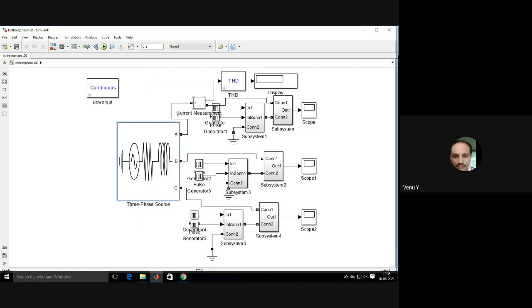And here in phase A, an ammeter is connected to measure the total THD of each phase. It is a balanced source, so all three phases are symmetrical, except the phase difference between any two phases is equal to 120 degrees. This is the subcircuit.